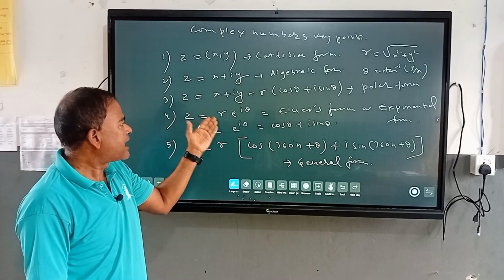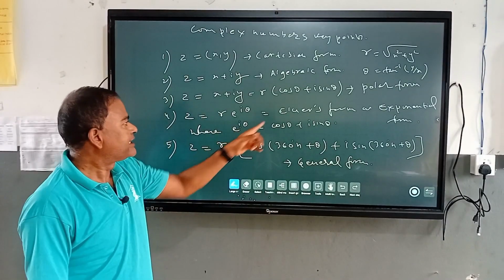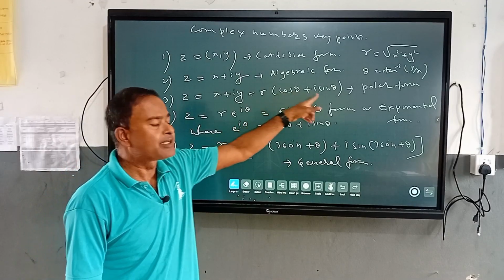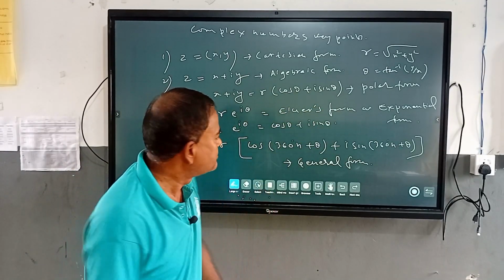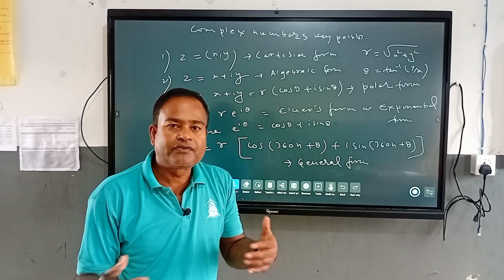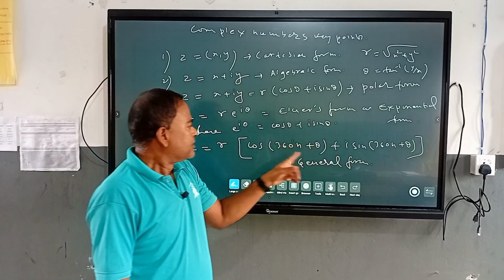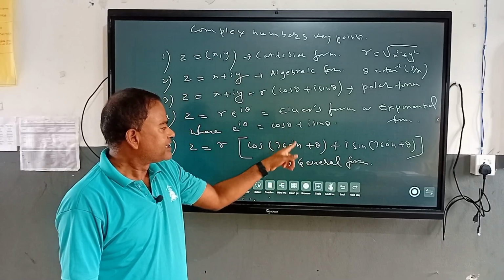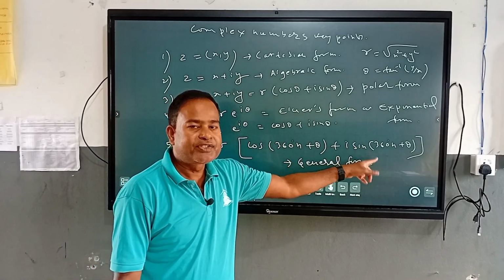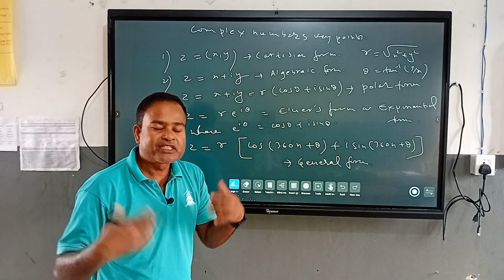So z equals r e^(i theta), which is Euler's form, where e^(i theta) is equal to cos theta plus I sin theta. So this means the last form, that means the fifth form of a complex number is z equals r [cos (360 degree n plus theta) plus I sin (360 n plus theta)]. So this form of complex number is known as general form.